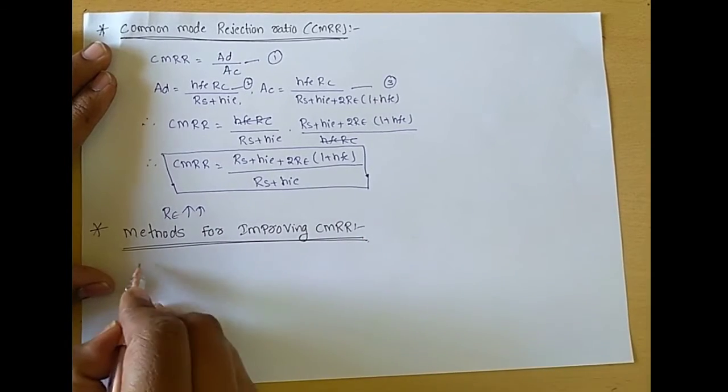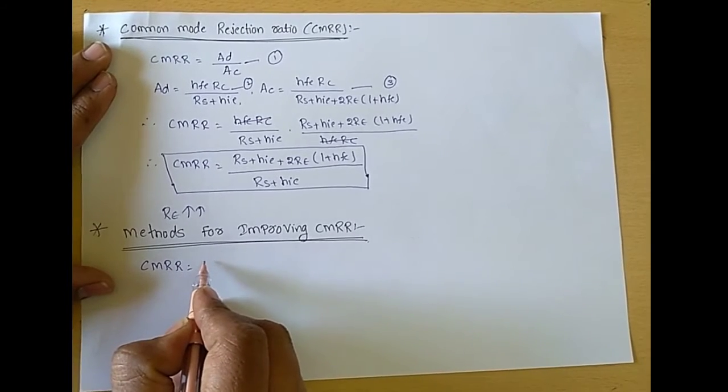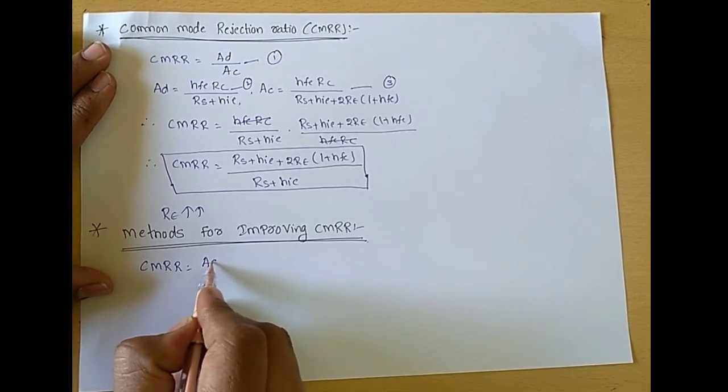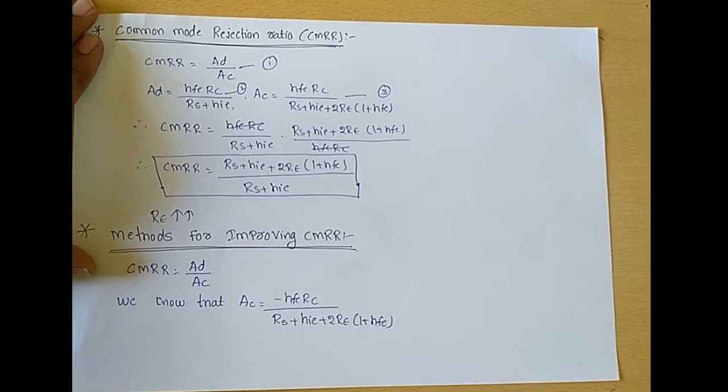We know that CMRR equals the differential mode gain AD by the common mode gain AC. And we know that the common mode gain AC equals minus HFE into RC whole by RS plus HIE plus 2RE of 1 plus HFE.